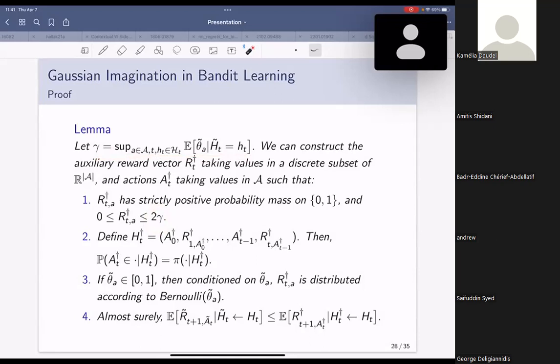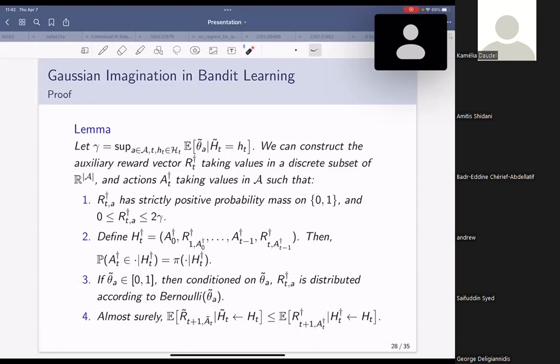And we can define the auxiliary history, which is again a sequence of pairs of auxiliary actions and auxiliary rewards, while the auxiliary actions are basically coming from the same policy we've chosen for the imaginary environment. So the auxiliary actions are the same thing we had for the imaginary environment. That's why the auxiliary reward actually mimics the same behavior as the imaginary reward, because we are taking the same actions.